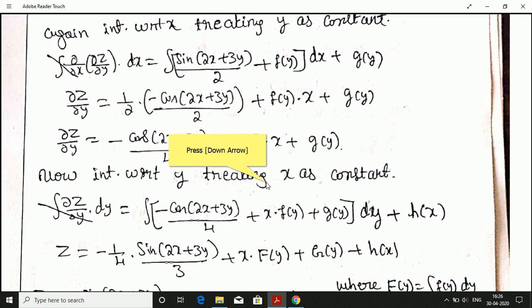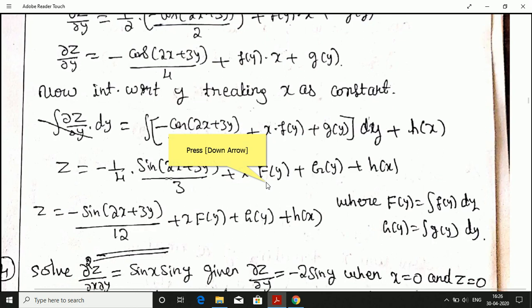Del z by del y is equal to 1 by 2 constant, sin of 2x plus 3y integration is minus cos of 2x plus 3y divided by 2, plus f of y constant, 1 integration with respect to dx is x, plus g of y. Del z by del y is equal to minus cos of 2x plus 3y divided by 4 plus x into f of y plus g of y. Now to remove del by del y, integrate this with respect to y by treating x as constant.